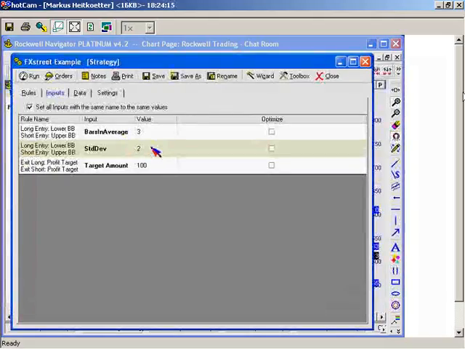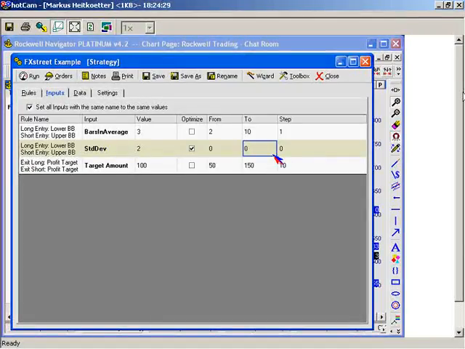Use as values. Now also, according to John Bollinger, if you lower the bars used in the average, you might want to change the standard deviation. And John Bollinger actually suggests that you increase the standard deviation. So let's see if we use a standard deviation of anywhere between 1 and 3, and we want to go in steps of 0.5.